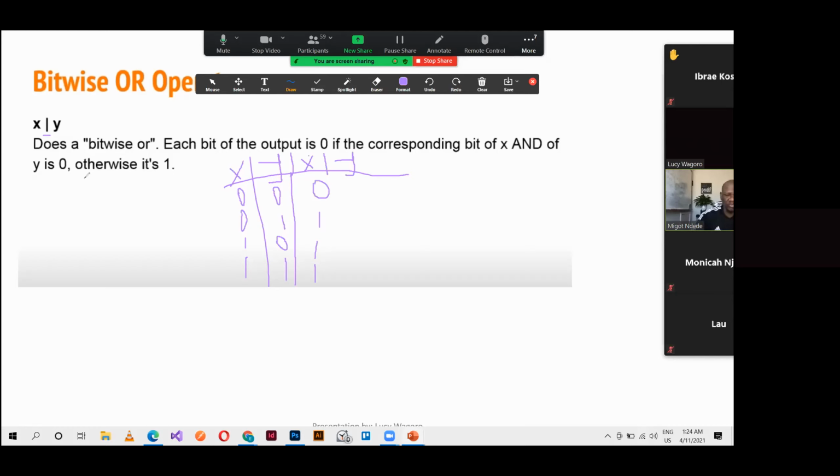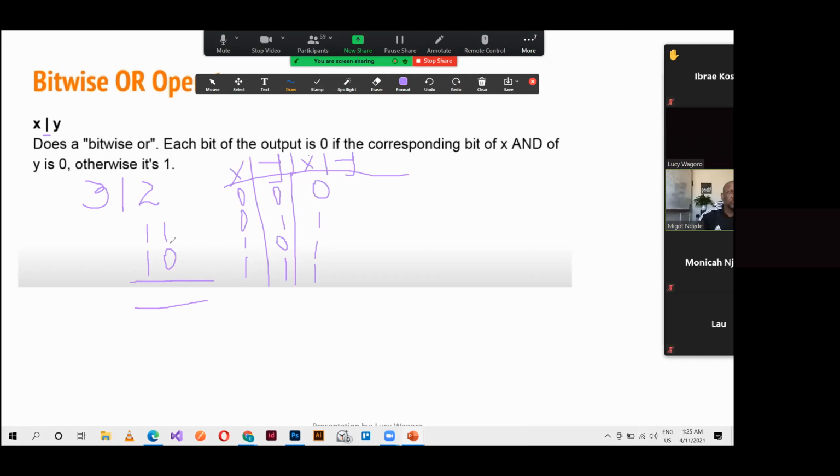So using that, we want to do 3 or 2 and see what happens. Our 3 is written like this, and our 2 is written like this. You're not calling them 11 and 10, it is 3 and 2, base 2.